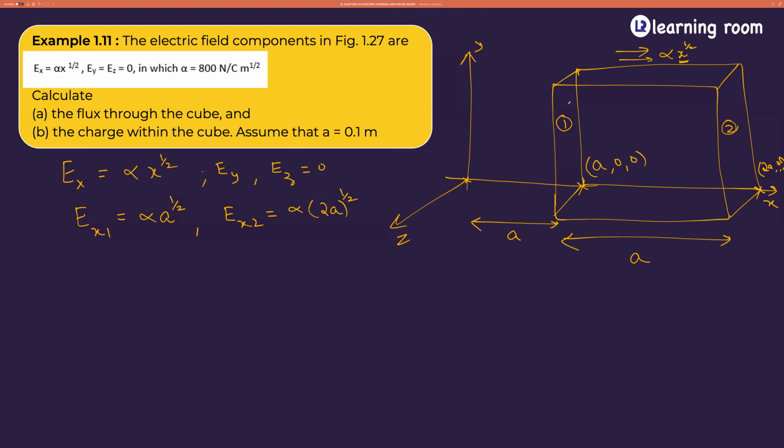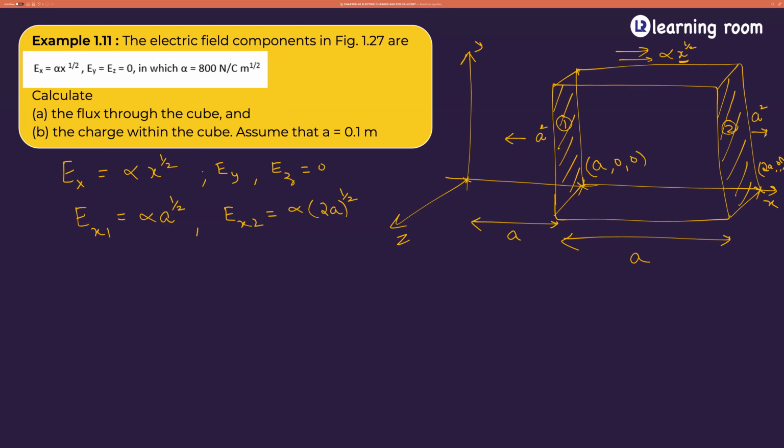Now, for the first face, area is going to be A square, which is oriented in this direction. Why is it so? Because it is outward. Whereas for the second face, though the area is going to be A square, it is going to be oriented in the rightward direction because that is the outward direction.